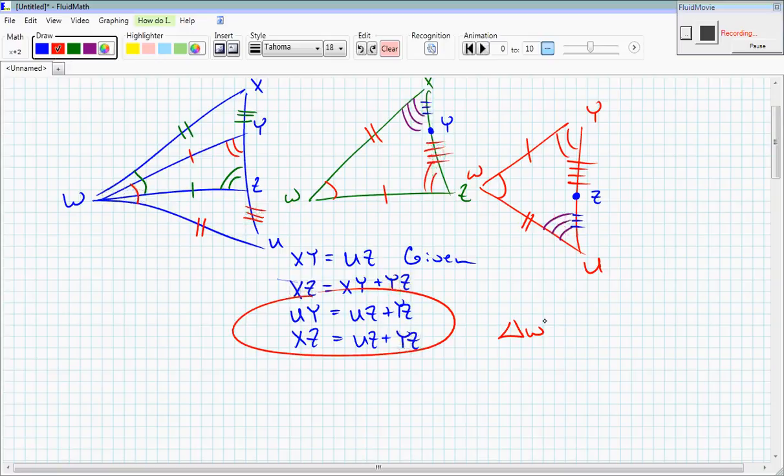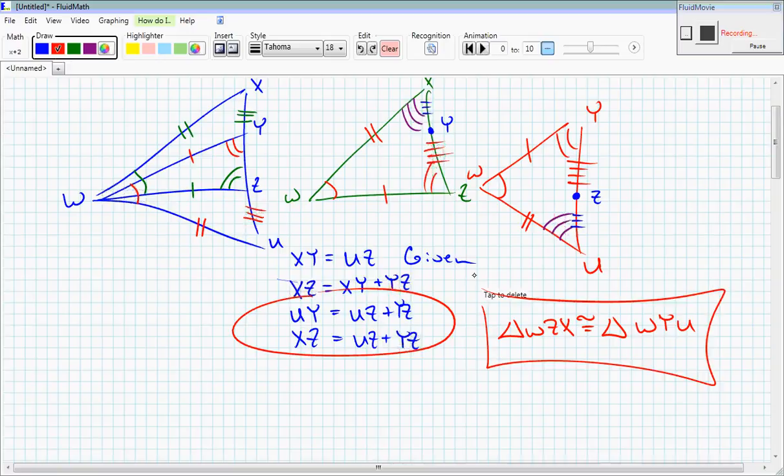So I'm going to say triangle WZX is congruent to triangle, 1 to 2 to 3, WYU. Any variation of this would be correct as long as whatever you change here, you've changed correspondingly to what's over here.